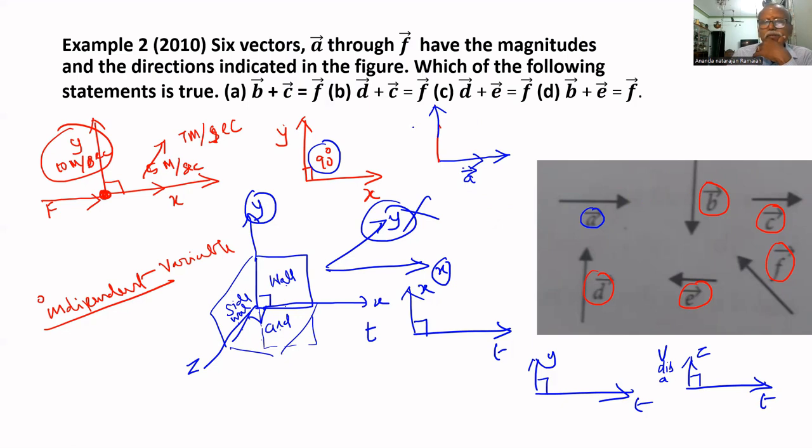This is A bar and this is D bar. If we add A bar and D bar, with this much magnitude and this much magnitude, the resultant vector will be like this, A bar plus D bar. A bar plus D bar depends on A as well as on D. But A and D are independent.